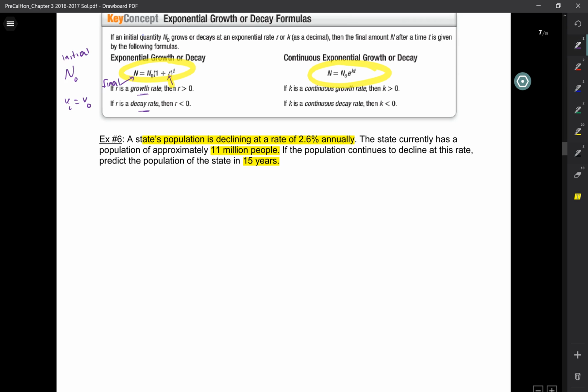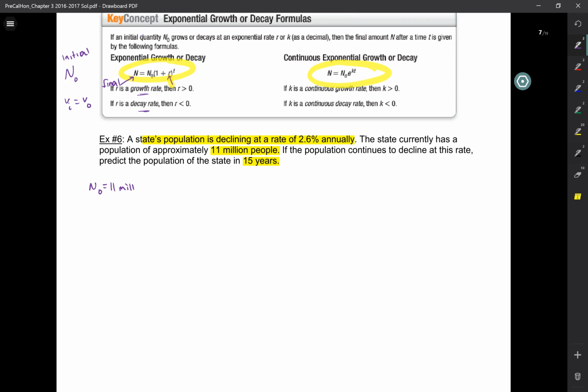Okay, well, N naught, the current population, is 11 million. Now, I don't know about you, but I don't like to sit there and keep writing 6 zeros all the time. So I just say 11 million. In my numbers and in my calculations, I'm just going to put in 11. But then I need to keep in mind that my final answer represents millions and so on and so forth.